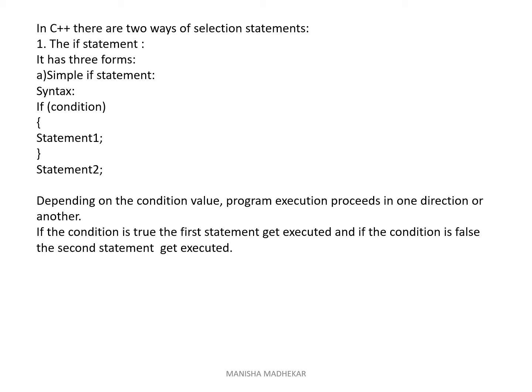As you know, every C++ statement ends with a semicolon, but there is no semicolon in front of the if statement, that is, the if condition is without a semicolon. Depending on the condition value, program execution proceeds in one direction or another. That is, if the condition is true, the first statement gets executed, and if the condition is false, the second statement gets executed.